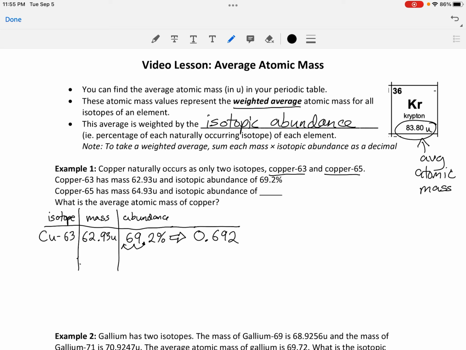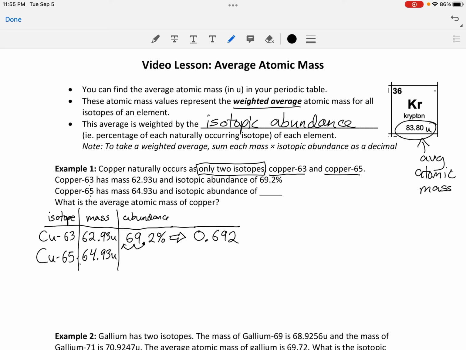The next isotope of copper is copper 65. So copper 65, its mass is 64.93 atomic mass units. The abundance, it doesn't say what the abundance is. But we happen to know that there's only 2 isotopes of copper. And that means that all of the copper in the world that we know of is either in the form copper 63 or copper 65.